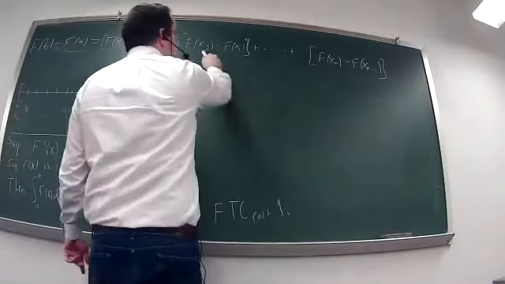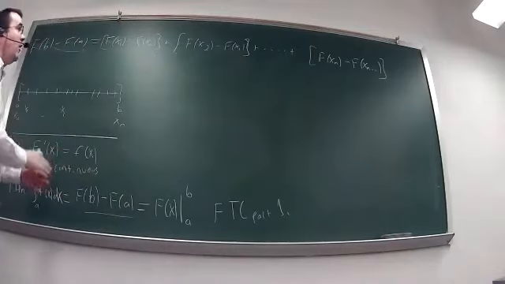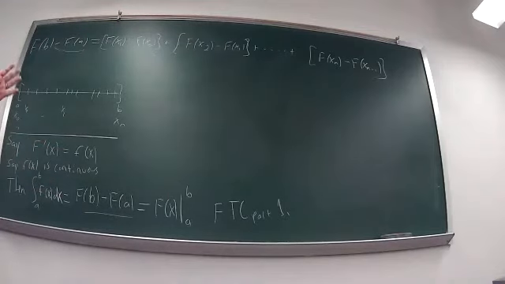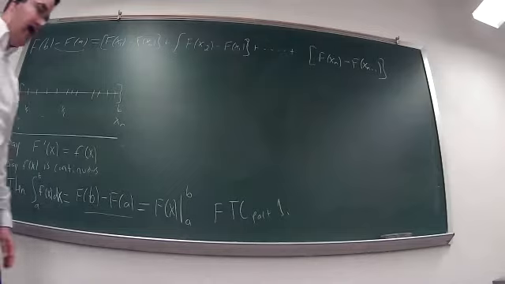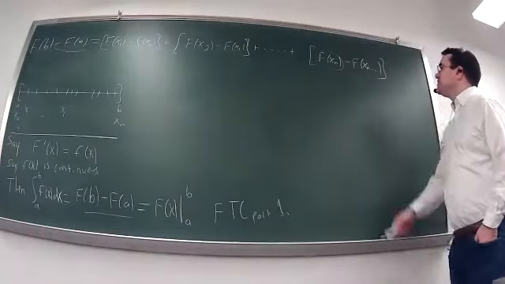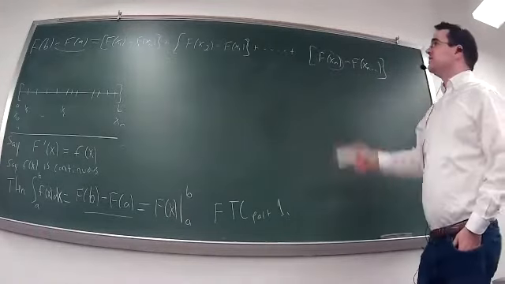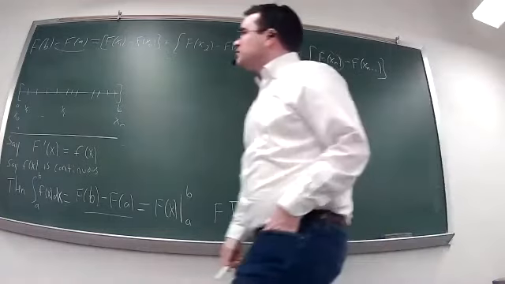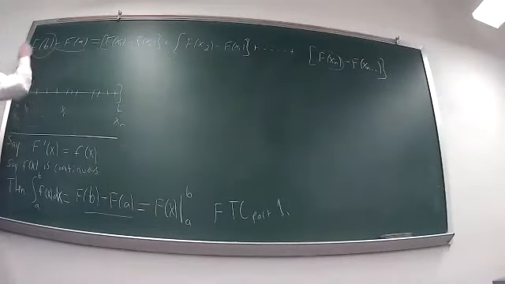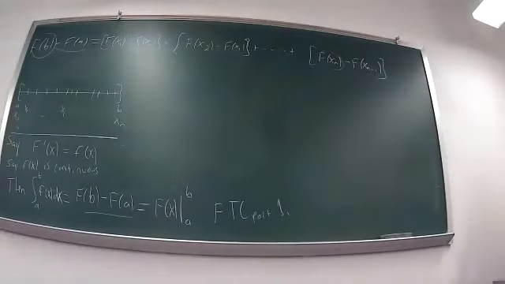The f of x2 cancels with the corresponding minus f of x2. So all those intermediate f of xi's will cancel in pairs, except for this one, because the sum stops here. There's no corresponding term that you're continuing to add, so there's nothing to cancel this. And this, of course, corresponds to f of b, because f of xn equals f of b. So that's what we call a telescoping sum when you get all those cancellations.